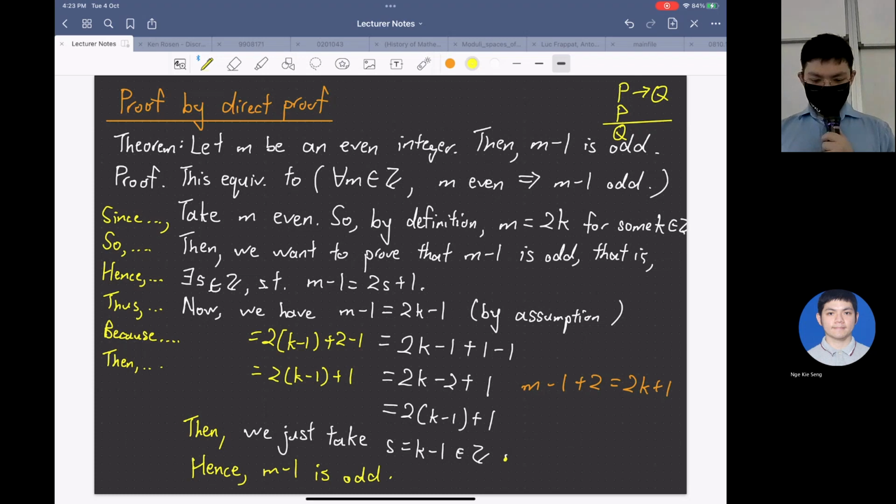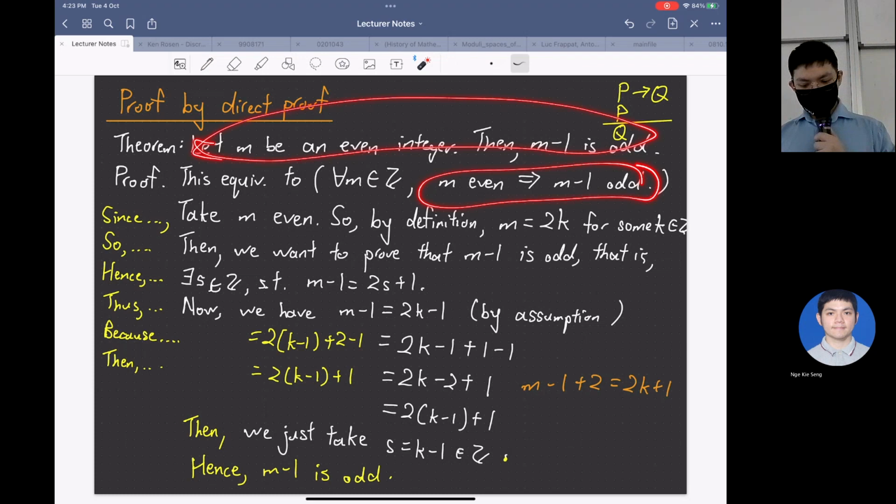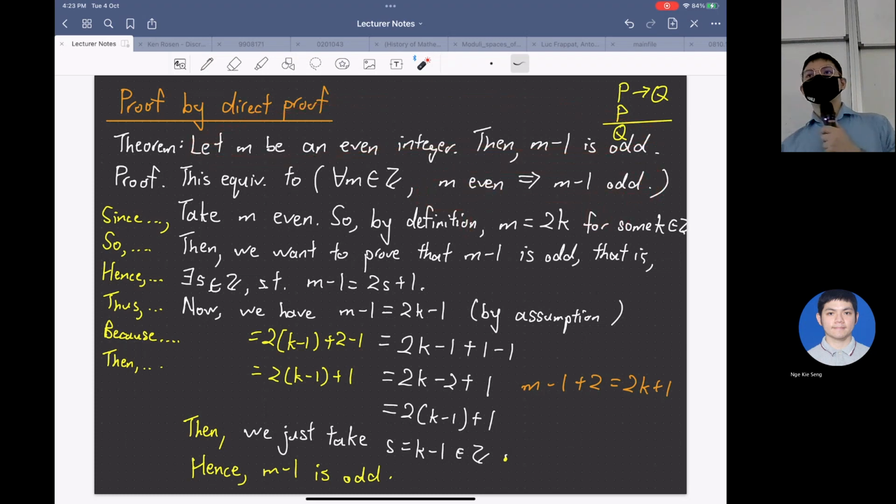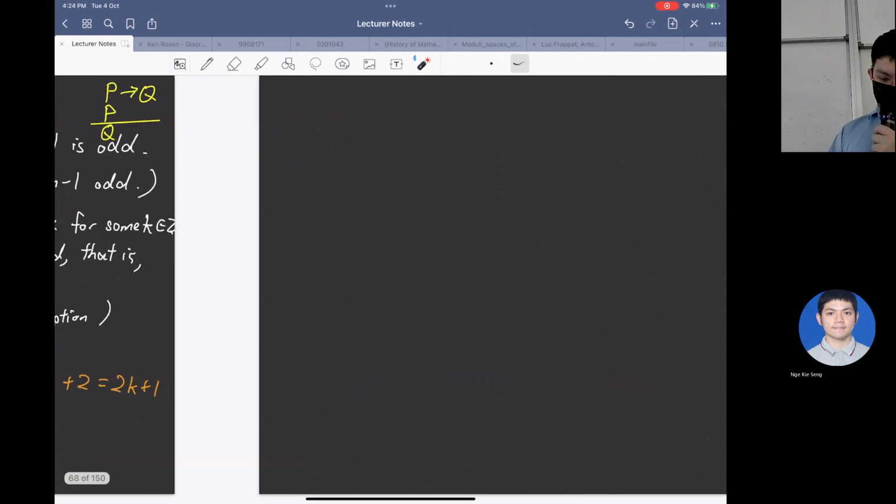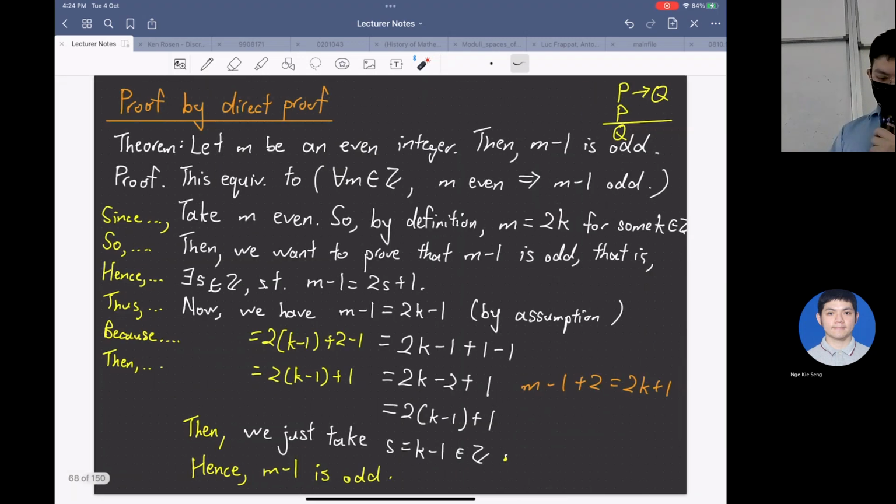I got this line here, P implies Q, and then I start with P and then I deduce Q. This is the rule of inference that I use.